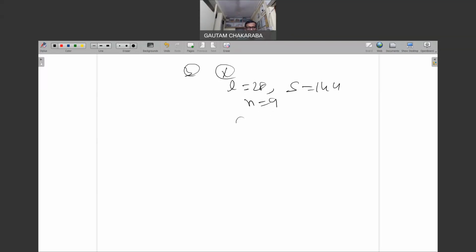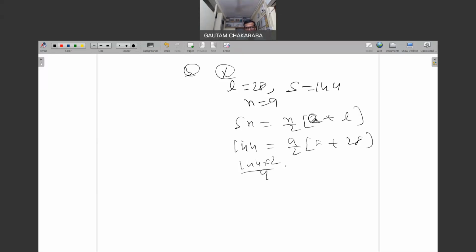Now, Sn is equal to n by 2 into A plus last term L. Sn is 144, n is 9. A is not given, last term is given, so you apply this identity. So that is 144 into 2 by 9 is A plus 28, and divide by 9.